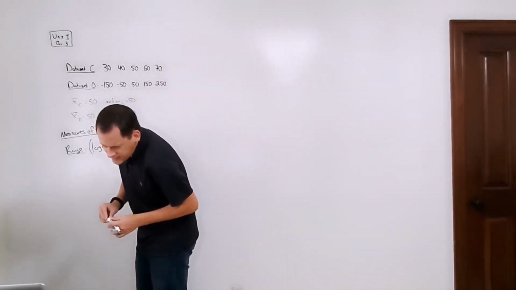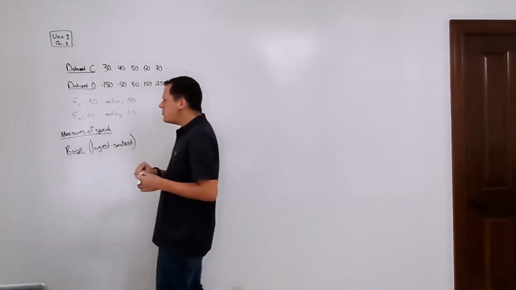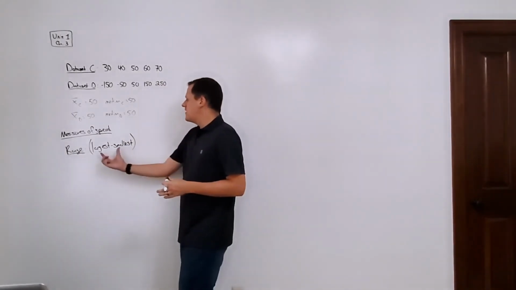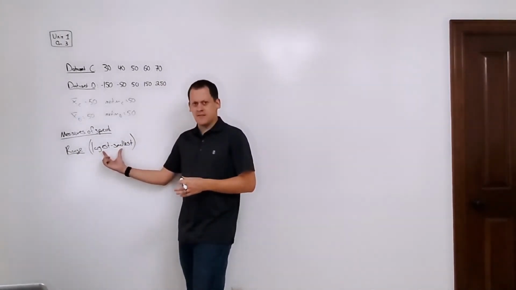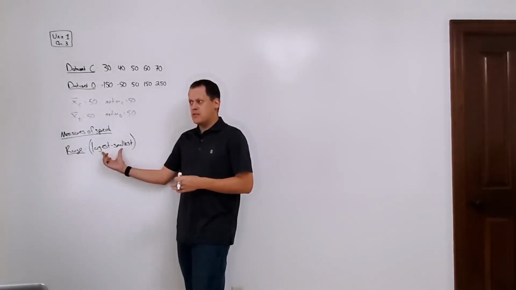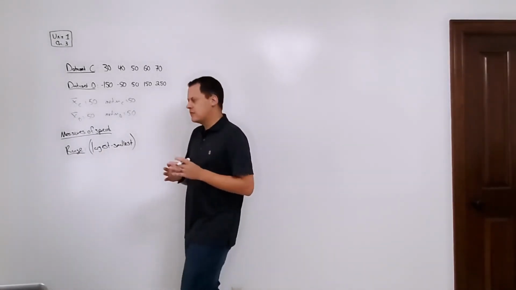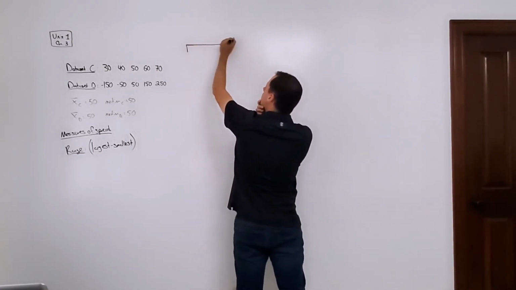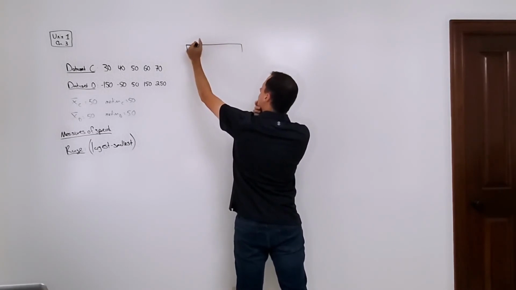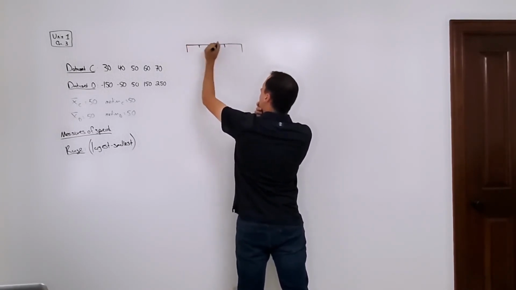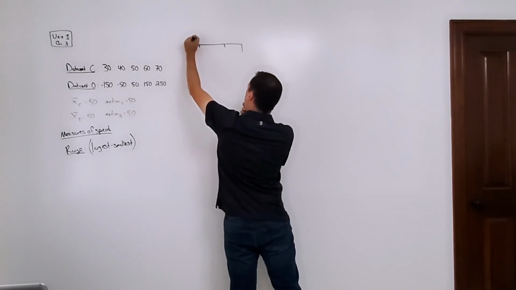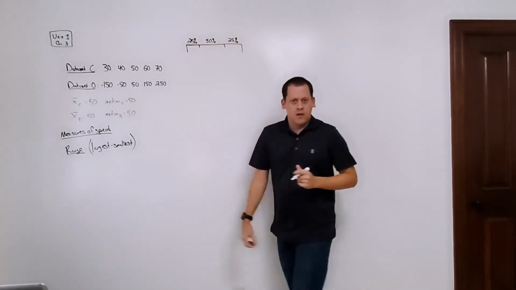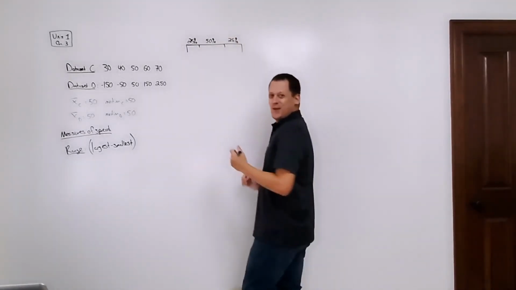So let's try and find a more robust or resistant measurement of spread that doesn't use the extreme values of the data set, but that uses values closer to the middle. Let's see if we can use what you just learned earlier in the video.